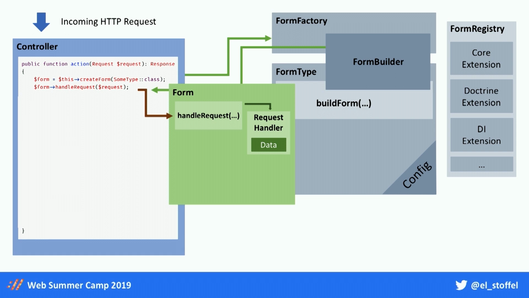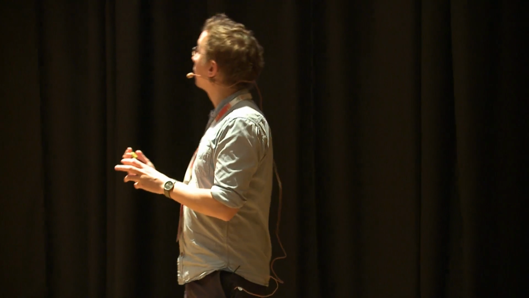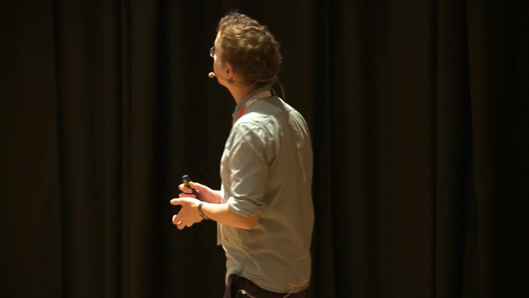So handleRequest will only change the state of the form if there is a payload to handle. But if there is a POST request with a submitted form inside, the request handler will call the submit method on the form object. And this method will change the state of the object.